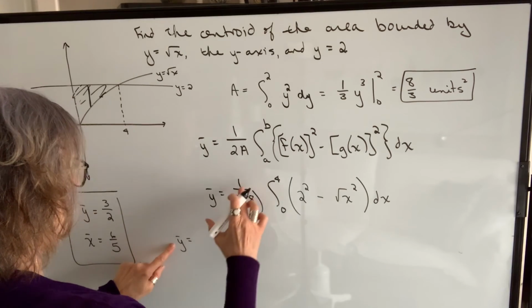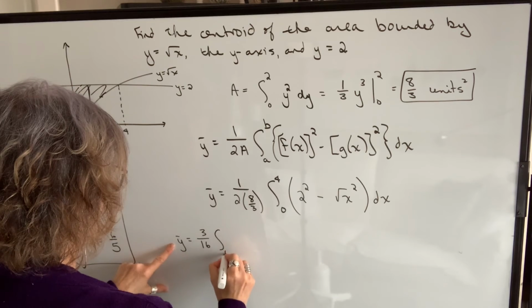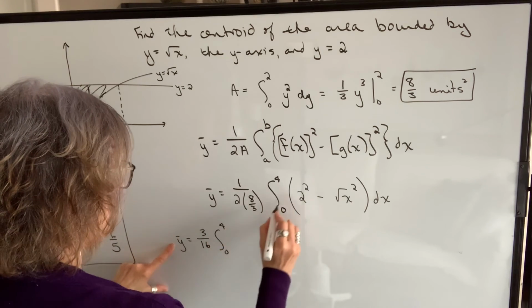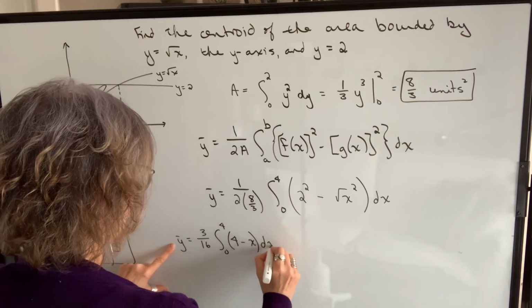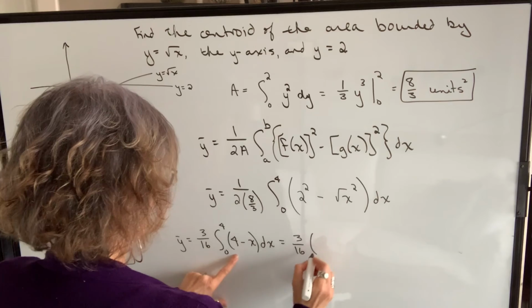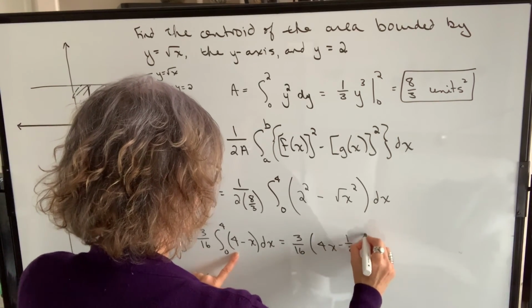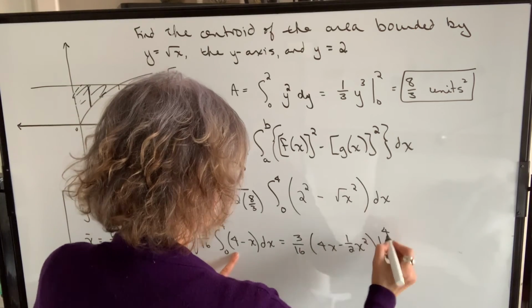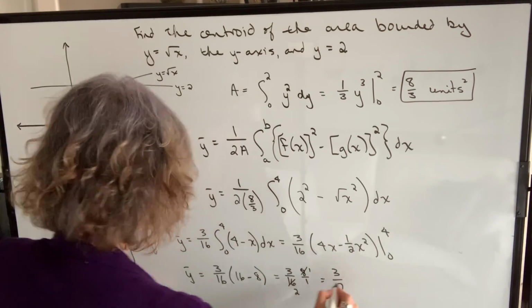Let's simplify. 1/16/3 will be 3/16. Integral from 0 to 4 of 4 minus x, which is 4x minus 1/2 x squared. And now we evaluate it, and we get 3/2.